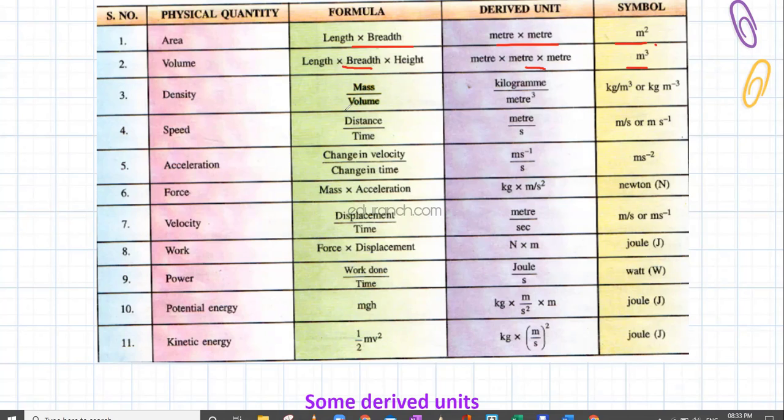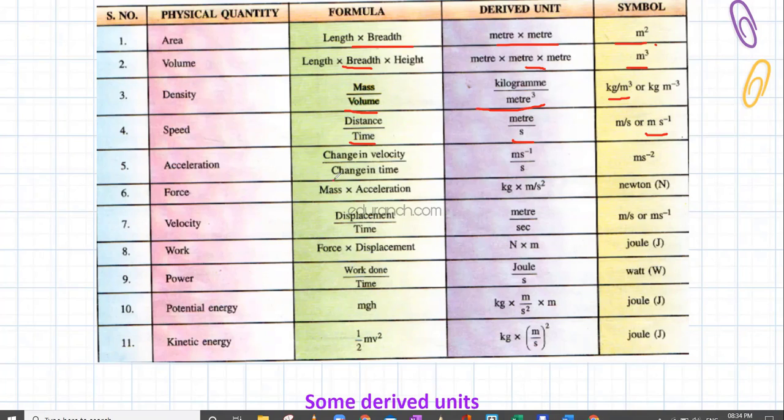For density, it is mass by volume, which is kilogram by meter cube. We write it either as kilogram by meter cube or kilogram into m to the power minus 3, because meter cube is in the denominator. For speed, the formula is distance by time. We write it as meter by s, or m into s to the power minus 1, because s is in the denominator.